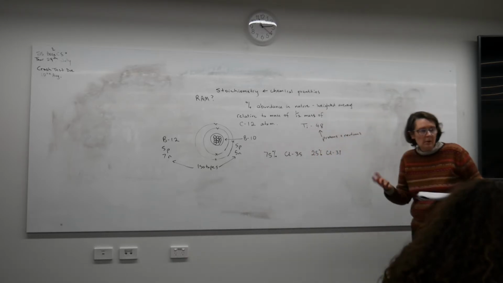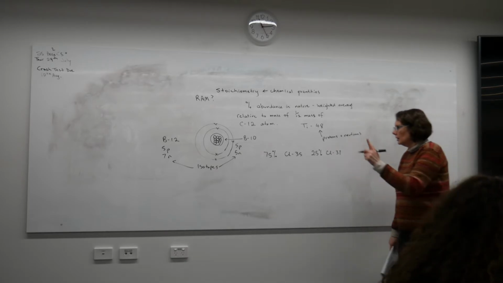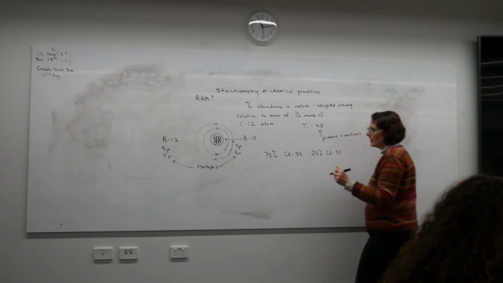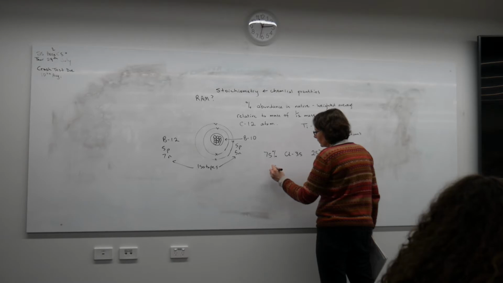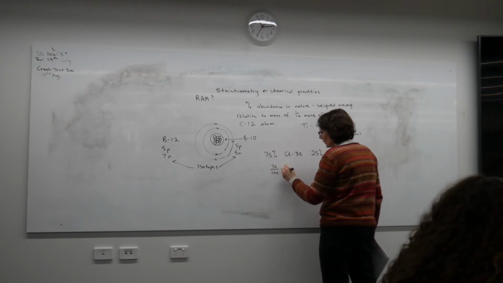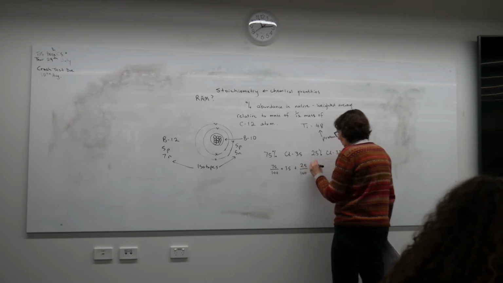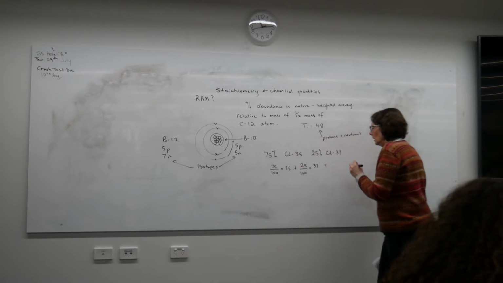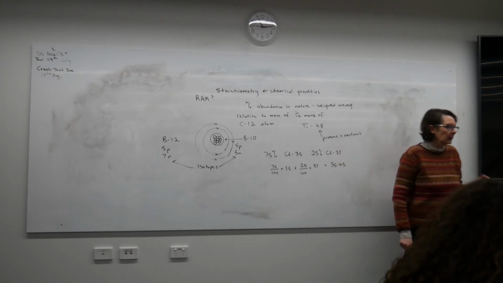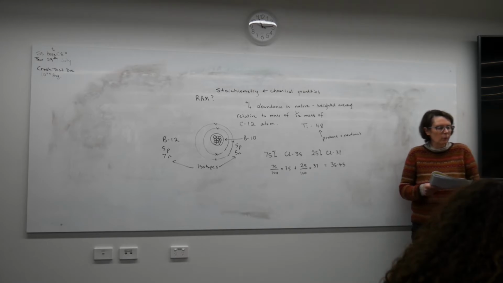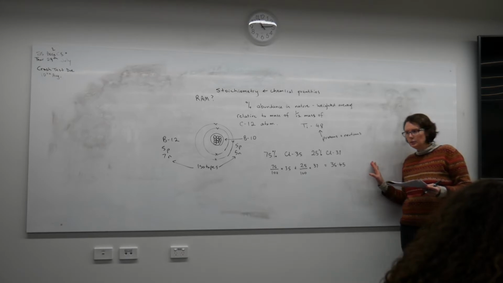And hopefully you remember, again this is a calculation from Criterion 4, that in order to calculate the relative atomic mass of chlorine, we would need to find 75% of 35 and add it to 25% of 37, and we end up with 35.45 as the average, the weighted average. Do you remember doing these calculations?